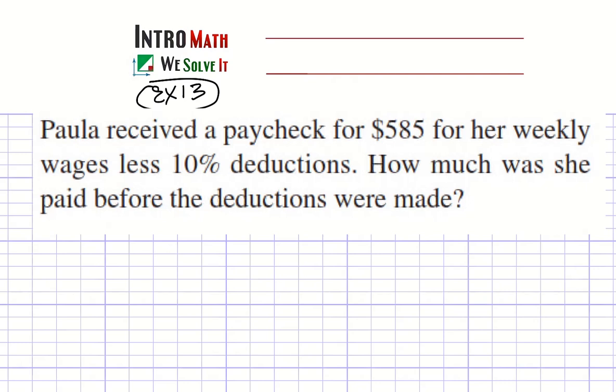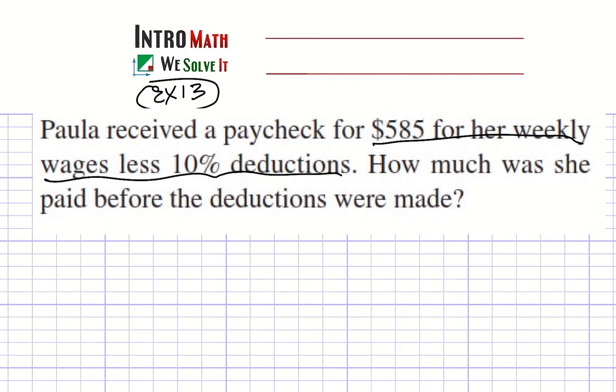They already deducted the 30% from whatever she made before she got that. That's all that is saying. They ask how much was she paid before the deduction. The way the problem is worded from here to here is confusing.